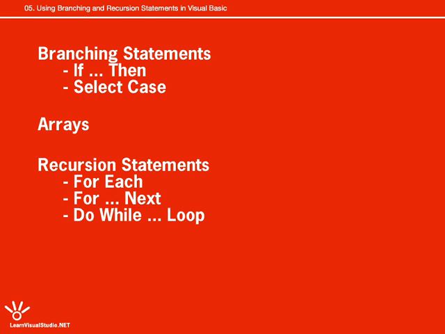And also before that, we talked about arrays, that they are basically single variables that can hold multiple values, and the way that we access each of the elements within the array is through the use of an index enclosed within parentheses. Basically, these constructs will allow you to create intelligent applications that can more effectively respond to our users and make decisions based on the input that they supply.